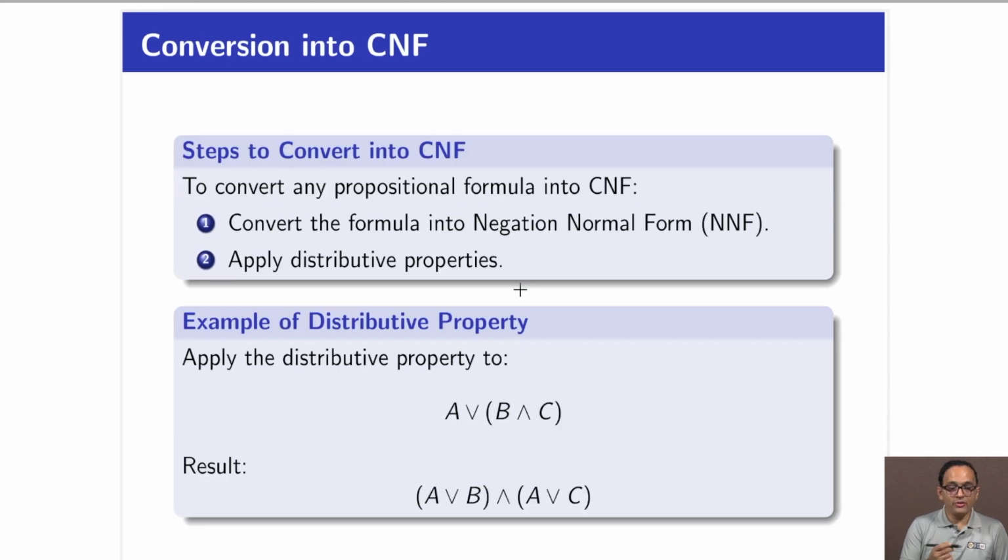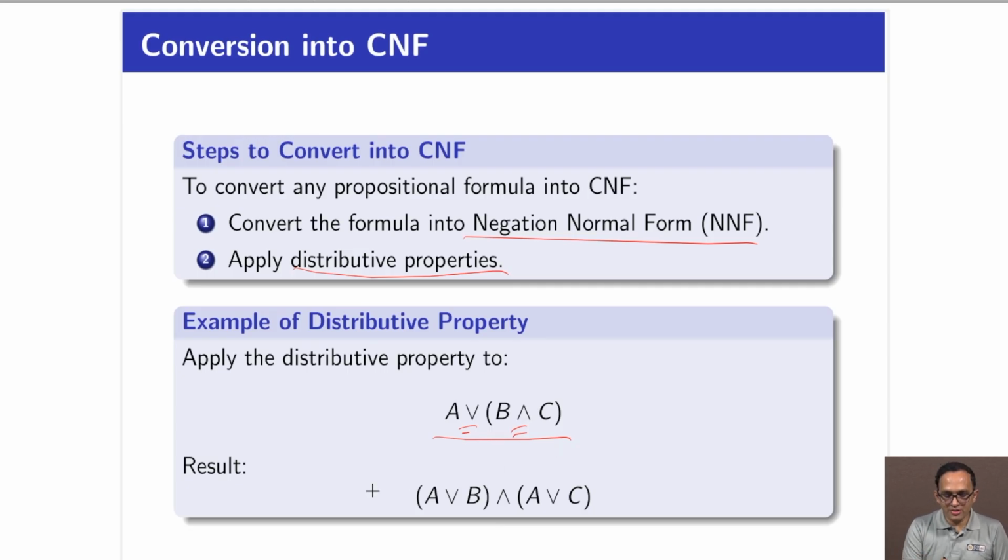To convert any formula into CNF, naturally we will first convert into NNF. We remove all other operators, we bring negation to the atoms and then I will use the distributive property. But here what will we distribute? If your formula has disjunction here, conjunction here, because this is not in CNF, this is in DNF, right.